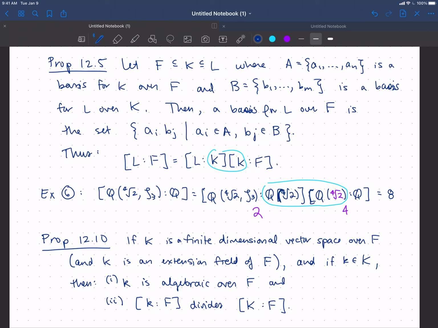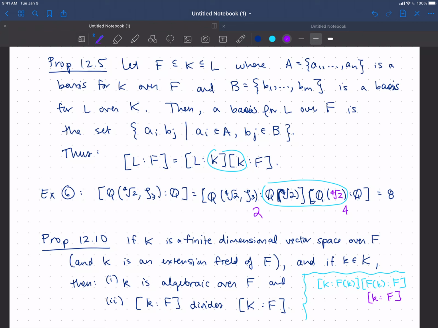The proof is going to use proposition 12.5. You might imagine that we'd break this up. So taking a proposition 12.5 view of things, we might break this up as K over F adjoin little k, and then F adjoin little k over F. F adjoin little k over F we can replace with the degree of little k over F using proposition 12.4.